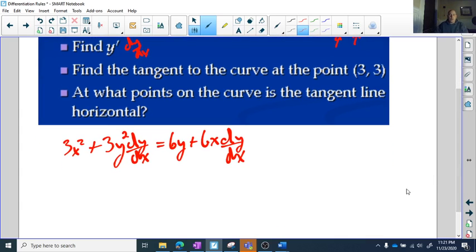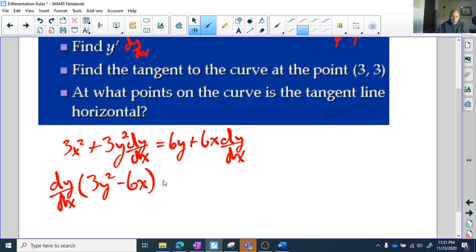All right, now you're going to move all the dy/dx's to one side, and as you get more comfortable with this, you can factor out the dy/dx as you move them. So I'm just going to write dy/dx, and put my bracket, so I'm going to have my 3y squared. This is going to move over and become minus 6x equals, I'll have 6y, and then the 3x squared is going to go the other way.